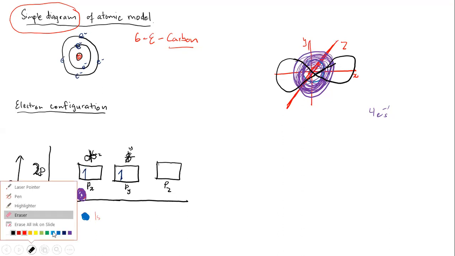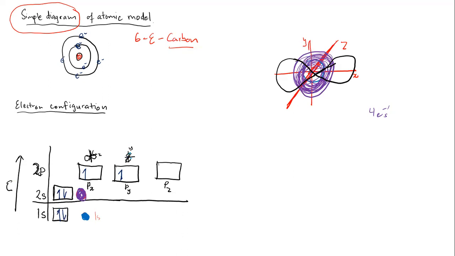Let me go for this one, which is not the same. So this is our orbital in the y axis, in the y plane. So this is another orbital.